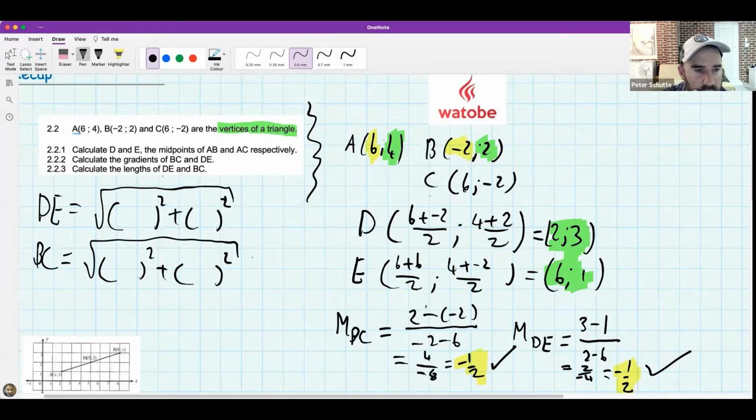So for DE, there's different ways of doing this, but I just think it's important to be consistent. So I'm going to start with D and then go to E. But if you did it the other way around, that's fine, as long as you're consistent. But I'm going to get 2 minus 6, which is -4. And then I'm going to get 3 minus 1, which is -2 over there.